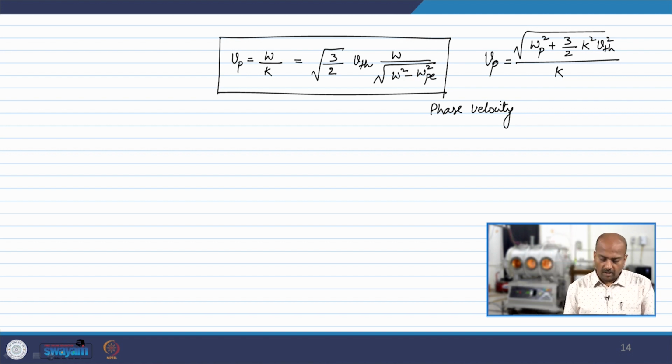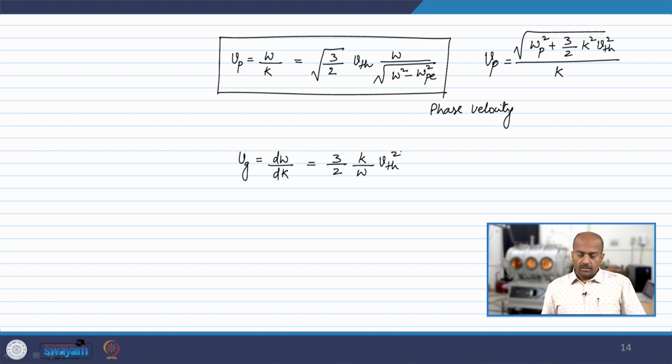This velocity tells you how a given phase in the wave is propagating, or how it is actually moving, right. Now, when you calculate Vg, the group velocity, Vg is d omega by dk, which equals 3 by 2 k by omega Vth square.